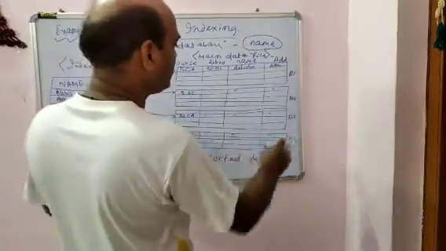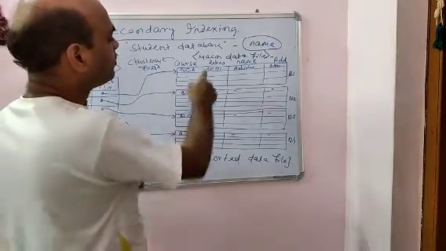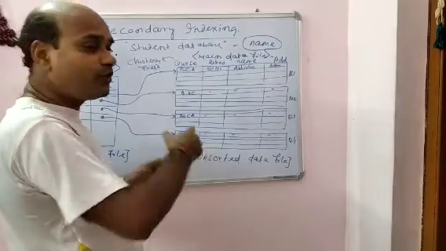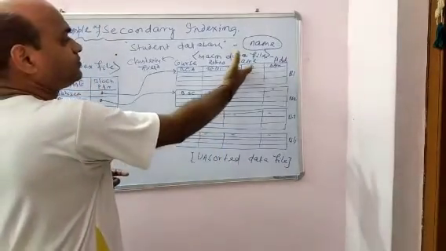Suppose in this main file we are storing all records according to roll number: roll number 101, 102, 103, and so on. But we are searching name-wise.